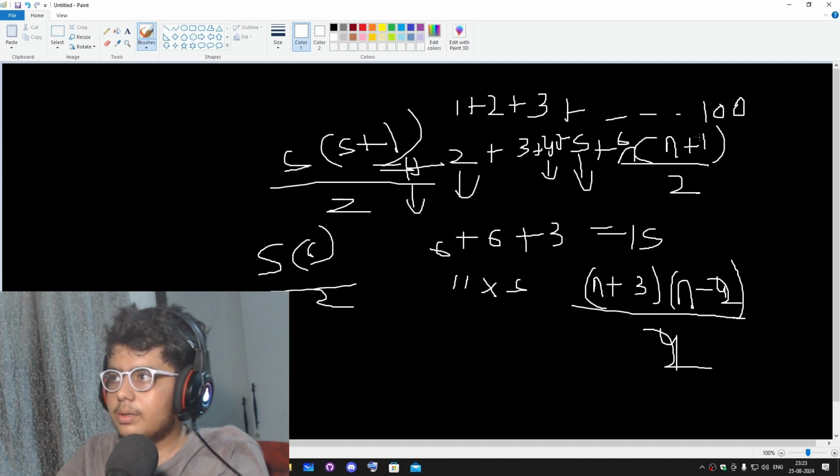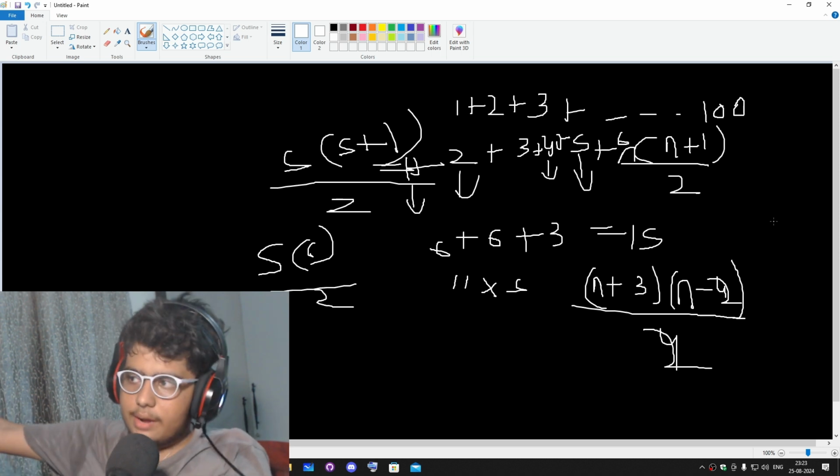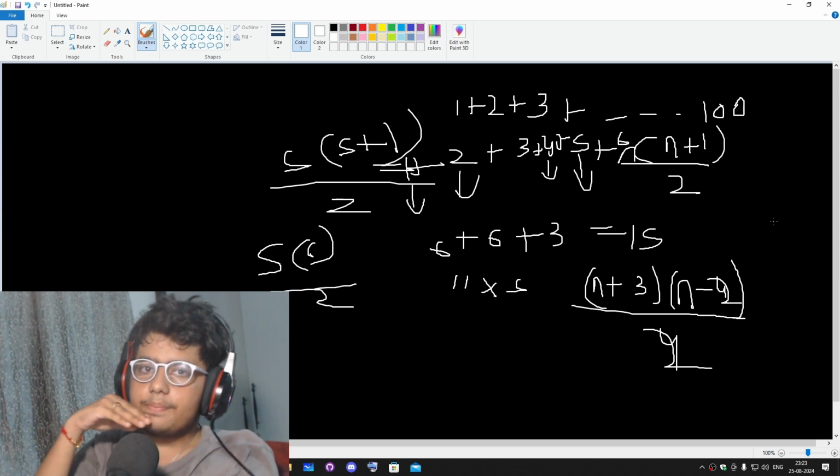If we make it n plus 2, it becomes n minus 1. If we make it n plus 3, it will be n minus 2. If we make it n plus 4, it becomes n minus 3, and if we make it n plus 5, it becomes n minus 4. So with this logic I thought I had cracked it.